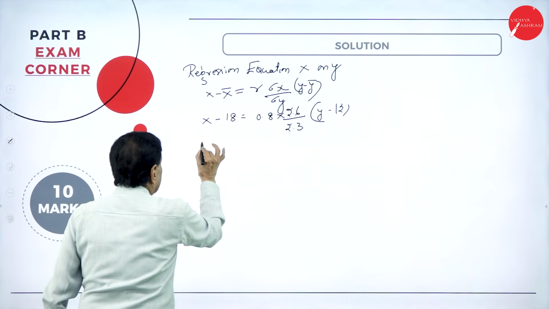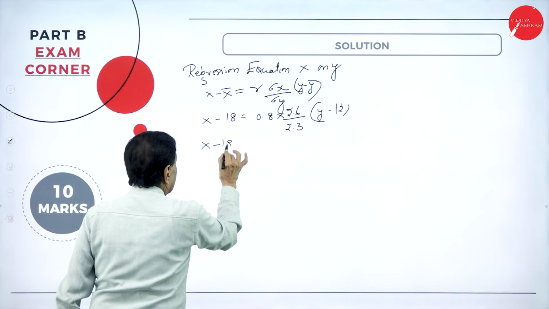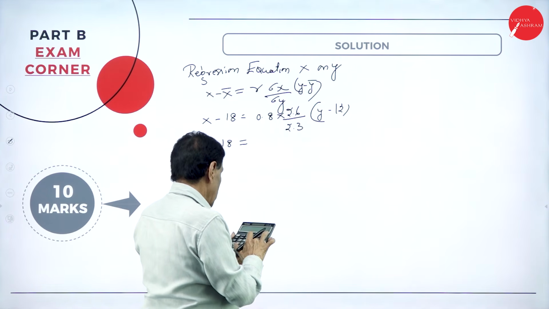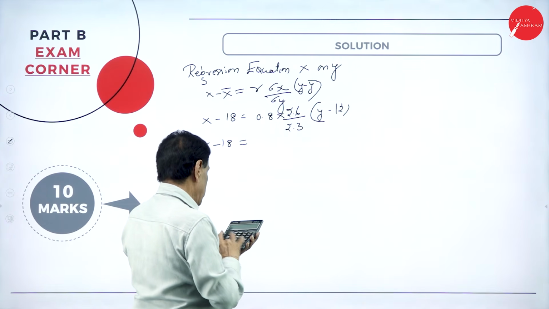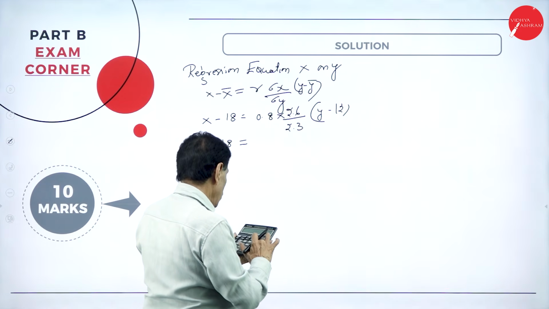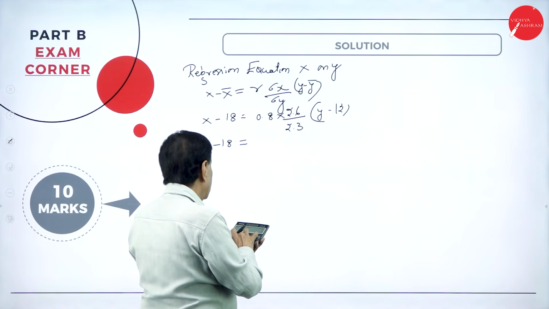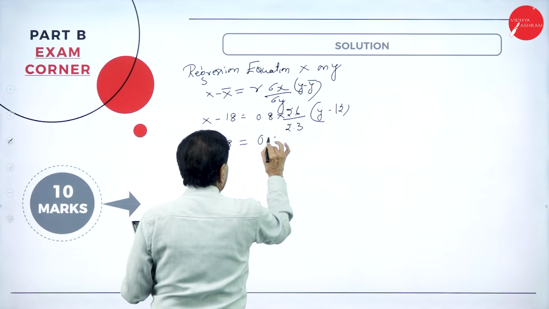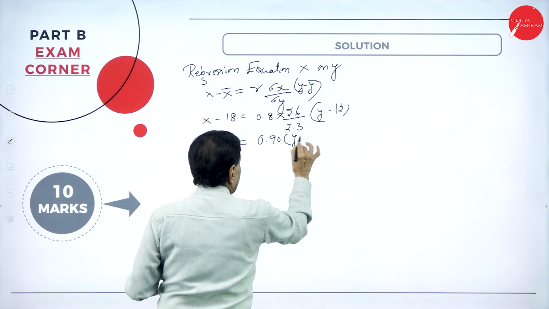Simplify. X minus 18 is equal to 2.6 divided by 2.3 into 0.8, 0.90 into y minus 12.